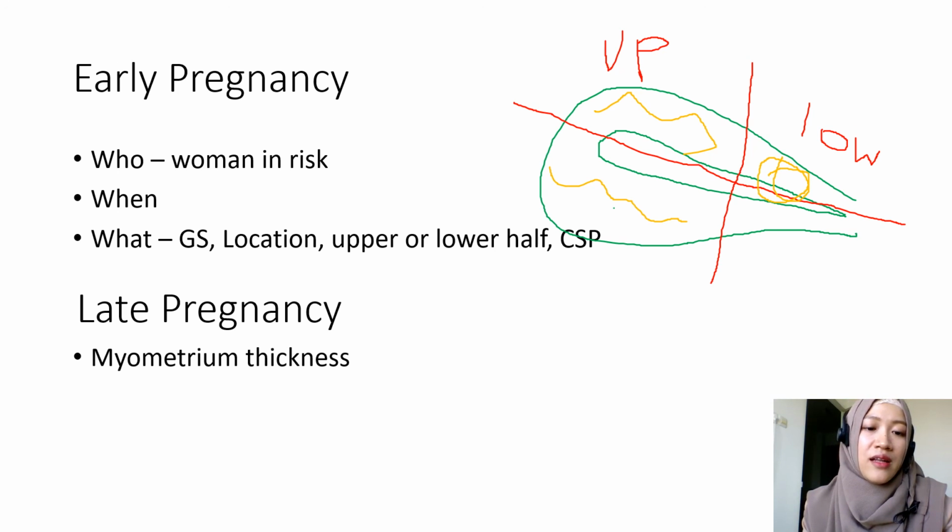The next, in the late pregnancy, you can use the abdominal USG to measure the myometrium thickness.